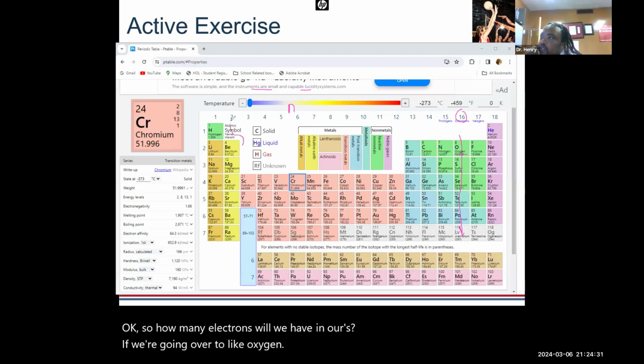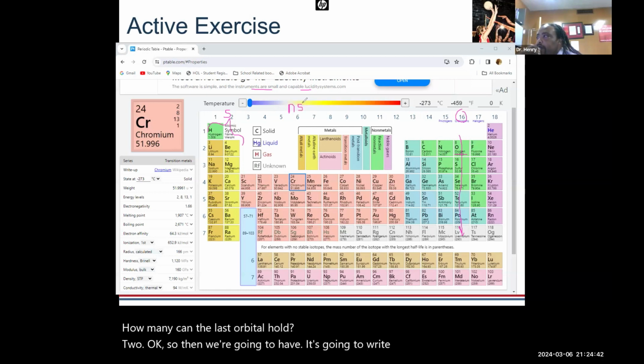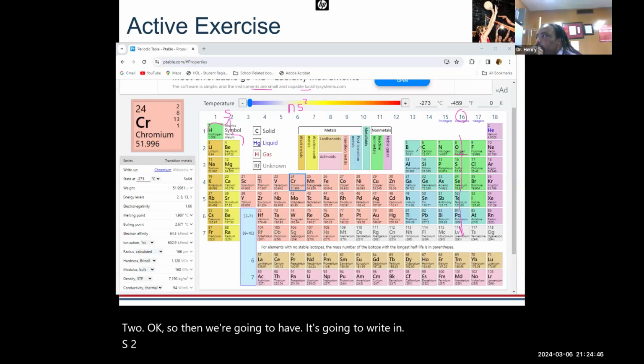How many electrons can the s orbital hold? 2. Okay, so then it's going to write ns2. And then how many electrons would be in the p if we're talking about oxygen?